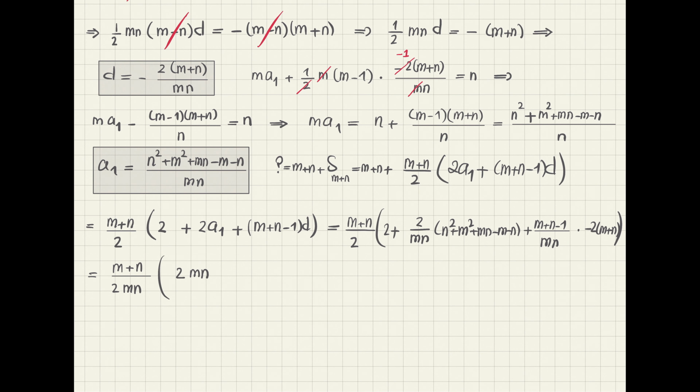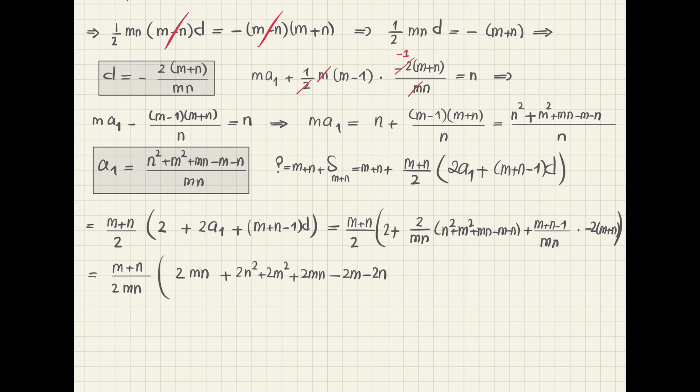Because if I multiply this mn back here, this mn and this mn cancel, so I have a 2 here, which is exactly the first term. But I have pulled this out, so 2 is left and this expression is left. So I will multiply these 2 in that expression. So it becomes 2n squared plus 2m squared plus 2mn minus 2m minus 2n.